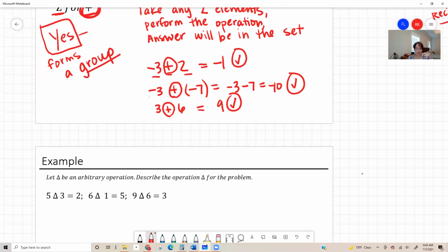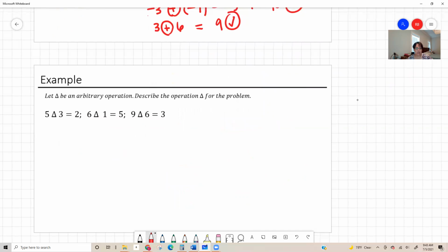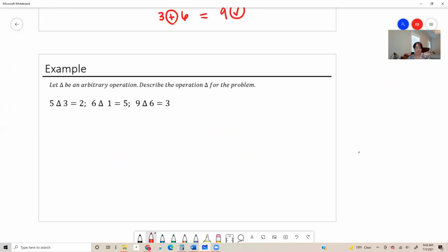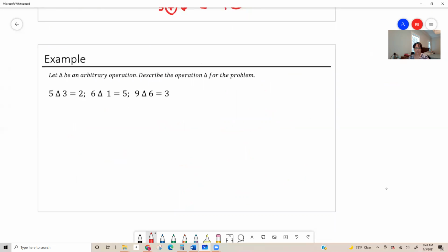Okay. Now, the last thing is that they kind of throw in this weird looking notation. So this says to let this triangle, which in this case is actually delta, but I'll just say it's the triangle, be an arbitrary operation. Now, an arbitrary operation means it could be anything, okay? They want you to describe this operation for the problem that you see below.